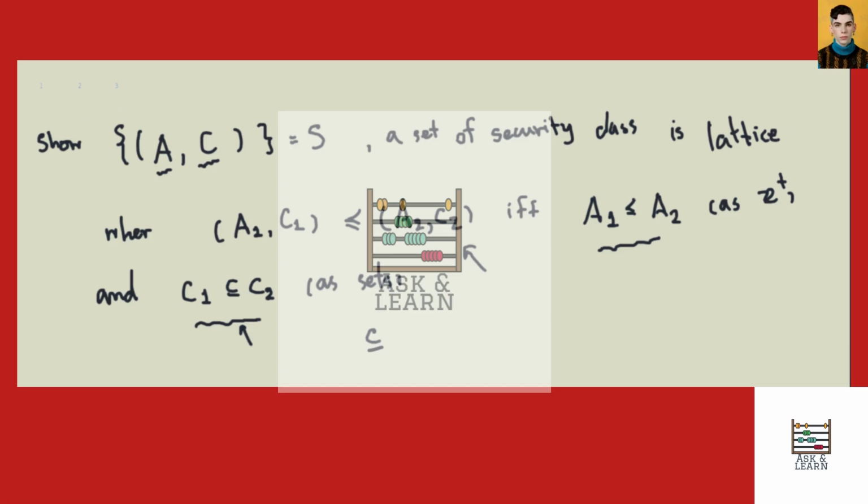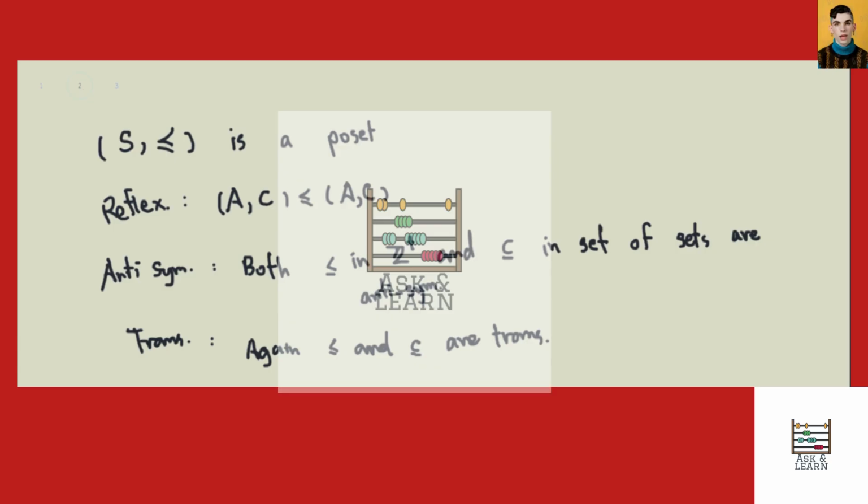So this proof wants us to show that it is a lattice. First, we have to show that it is a poset, and you can probably tell intuitively that it is a poset because both sides that we use to compare each entry are themselves partial orderings, so there shouldn't be anything complicated there. Reflexive, obvious, everything relates to itself.